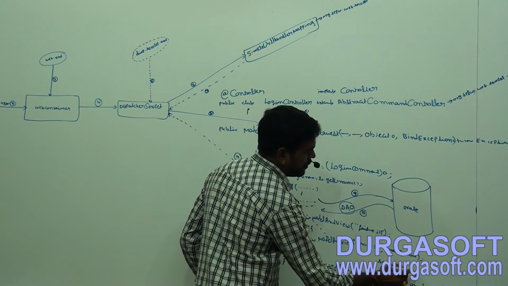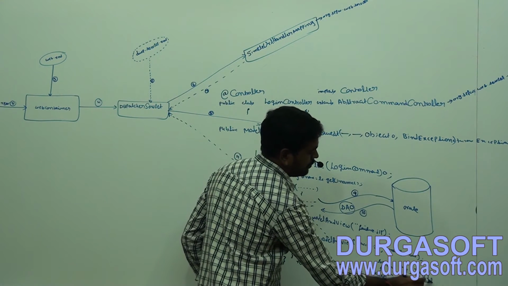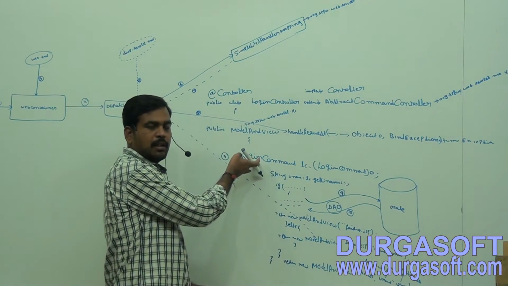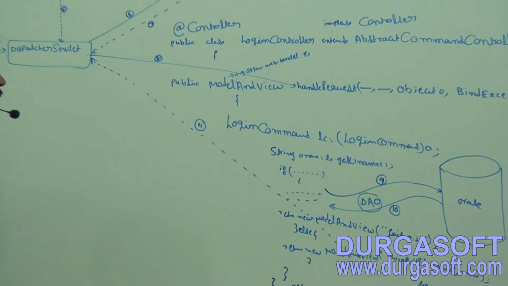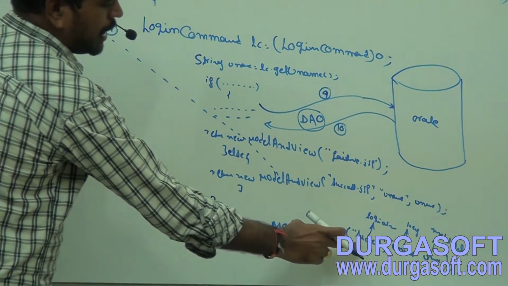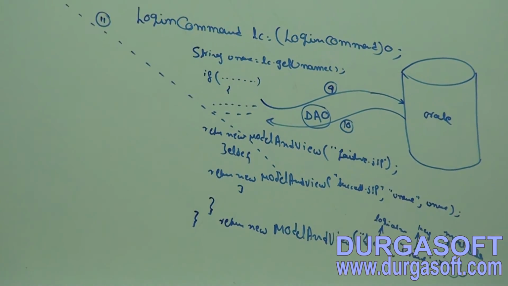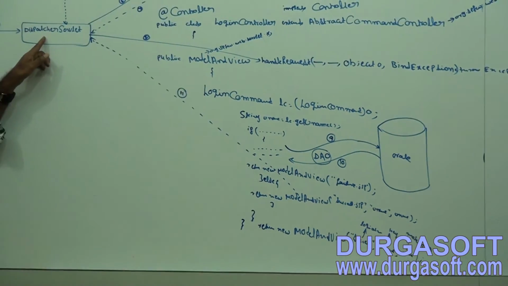This is what? Model data. Model data means the login command is there. This is the model. It contains some data. That is nothing but model data. Okay. Now here we are passing what? Success, right? That success message is coming here.